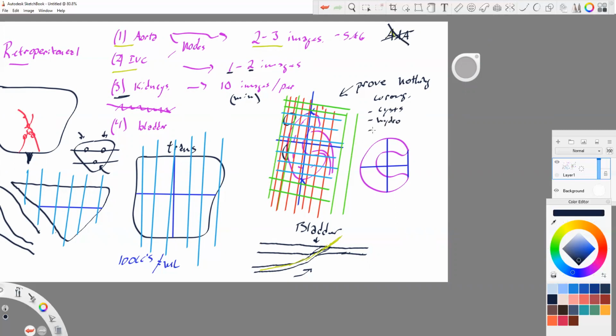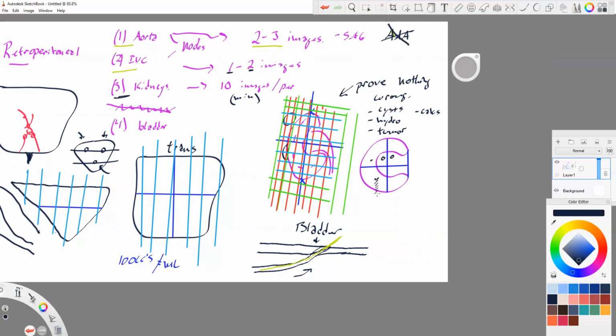Hydronephrosis, tumor. Tumors will kill you. And last but not least, calcs, or actually that's not last. Calculus. We see little echoes all the time in the kidney, especially in the collecting system.